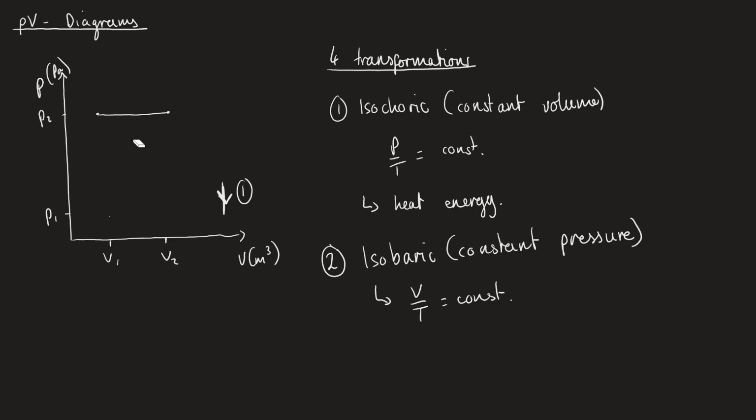If we're going to expand the volume, it means we're pushing out, and so we are going to exert energy on the boundaries. So if we go this way, this means that work is being done by the system, and if we were to go the other way, this means that work is being done on the system, because then the boundaries are pushing the gas inwards, so they end up compressing it.